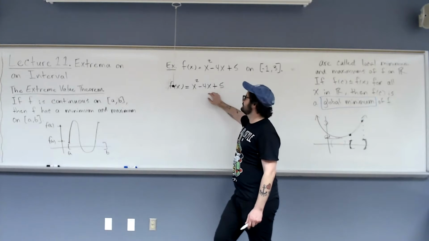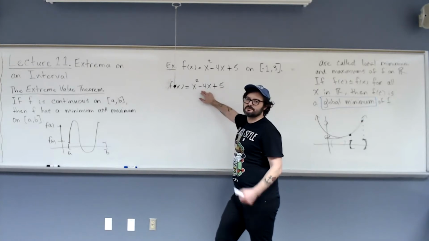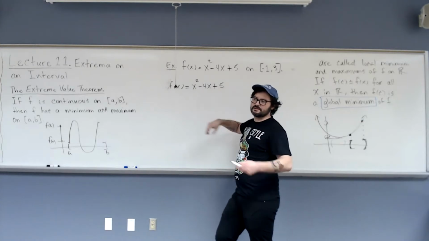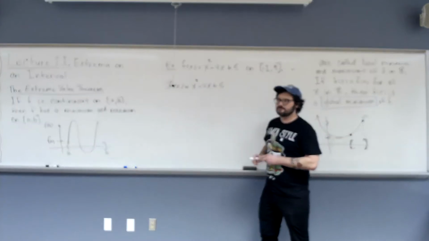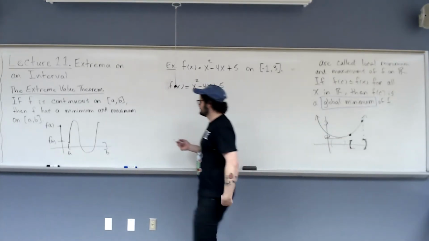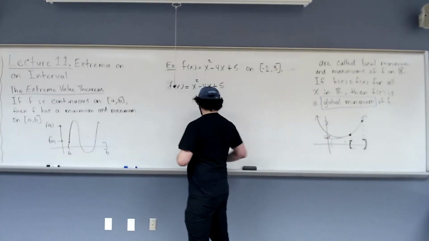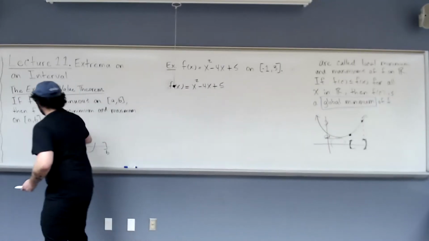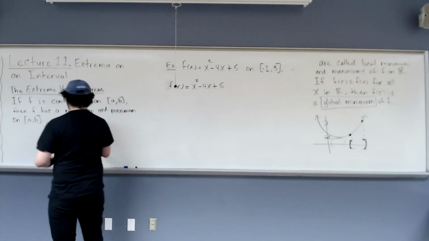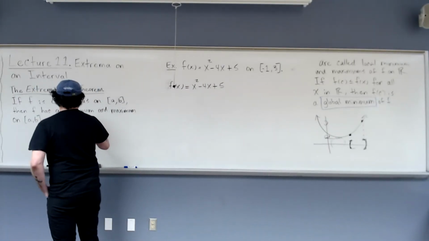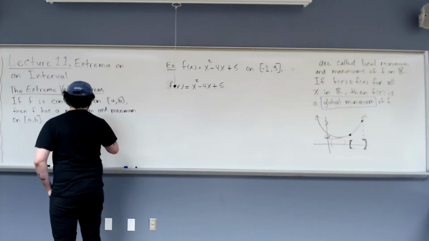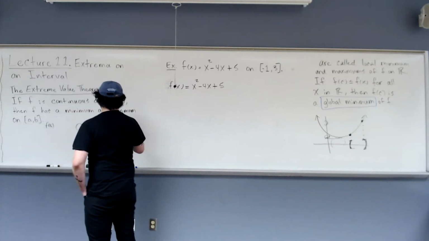You take b, divide by 2, square it, and then add and subtract. Do y'all remember this? Again, this is completing the square. This is not calculus. This is just an algebra technique.